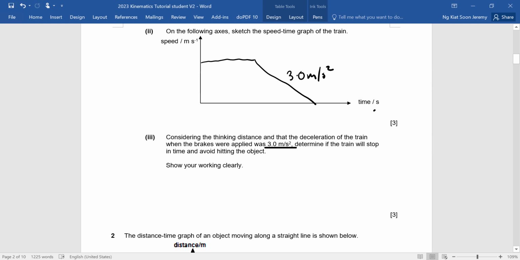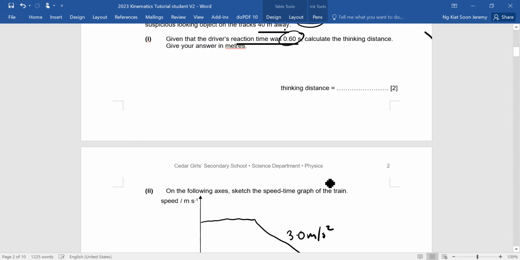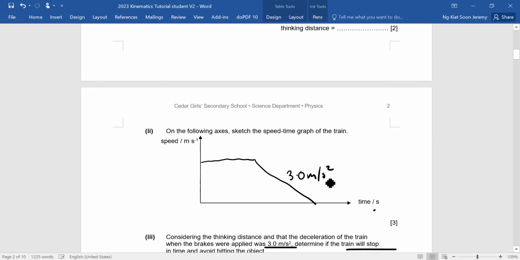It's because the speed-time graph's gradient is always acceleration, or in this case, the deceleration's magnitude, which is 3 meters per second squared. I want to find out if the train will stop in time before hitting the object, which is 40 meters away. I would like to calculate how much distance the train travels before it stops, which happens to be the area under the graph for this diagram over here.